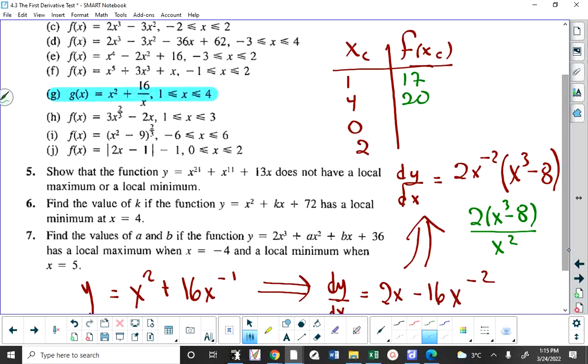0 squared plus 16 over 0. You can't divide by 0. 0 is non-permissible, which is why it's a critical value of x. The derivative is not defined there. But it's not a definable value for y. When I put in 2, 2 squared plus 16 over 2 is 4 plus 8, which is, I believe, 10. How did I do on my calculations there?